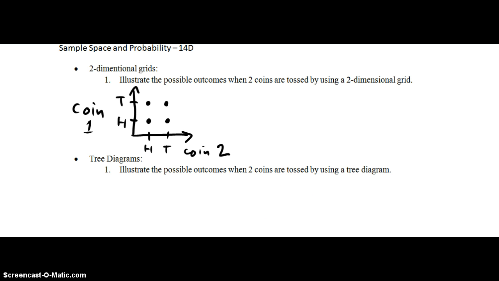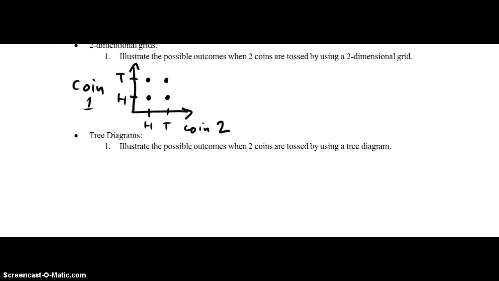I'm going to scroll down here. So, the idea is that we have two options. It can either be heads or tails, right? And these are my options for coin 1.